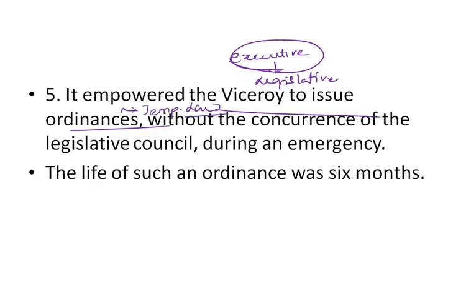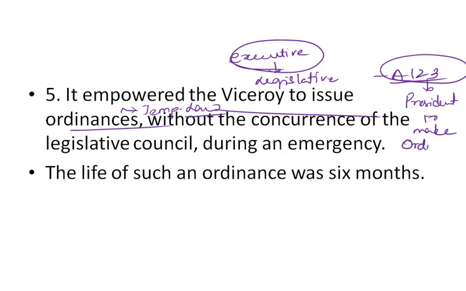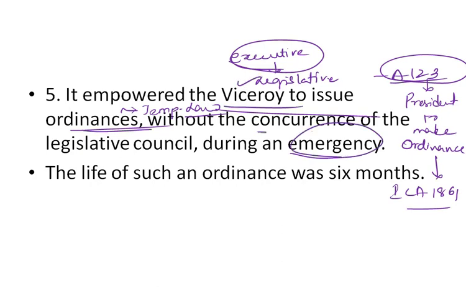Under Article 123, such powers are now given to the President. Presently in our Constitution, the ordinance making power under Article 123 has been taken from the Indian Councils Act of 1861. Only during emergencies can the Viceroy issue an ordinance without the concurrence of the legislative council.